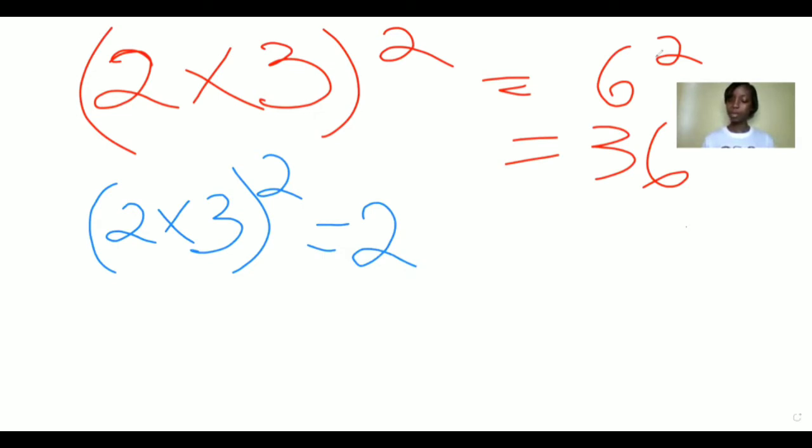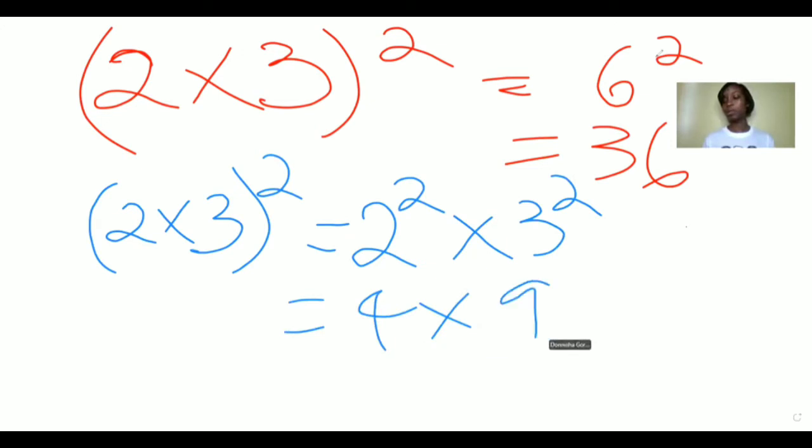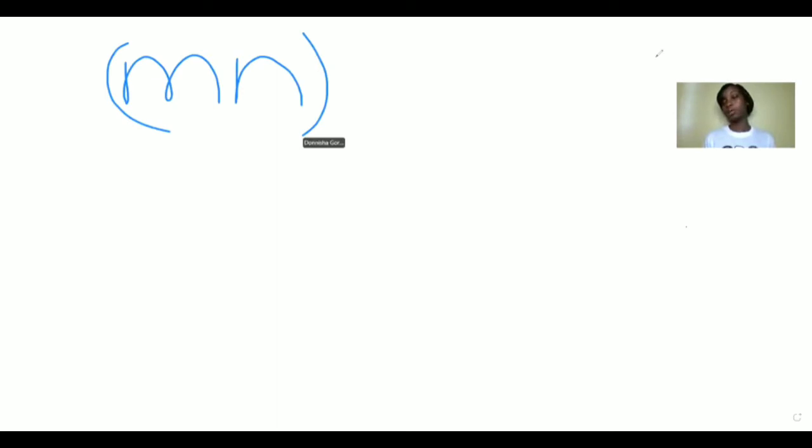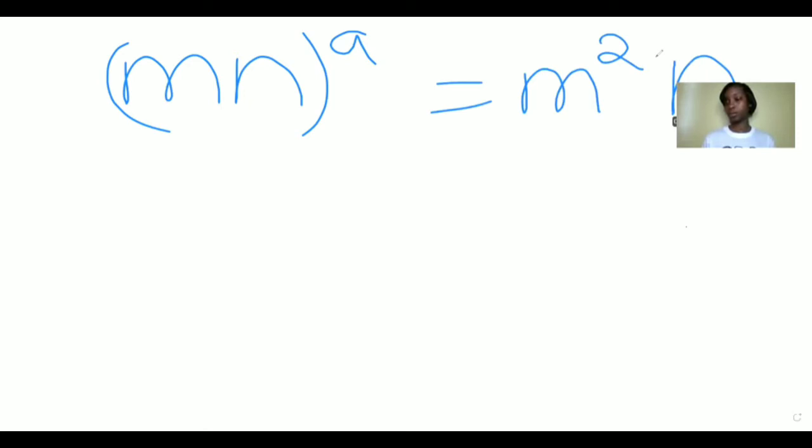So we're going to have 2 squared times 3 squared. That gives us 4 times 9, which would still give us the answer of 36, which means then that if I have 2 numbers multiplying by each other and then I'm raising that product to a particular power, it is the same as raising the numbers to the power individually and multiplying those.